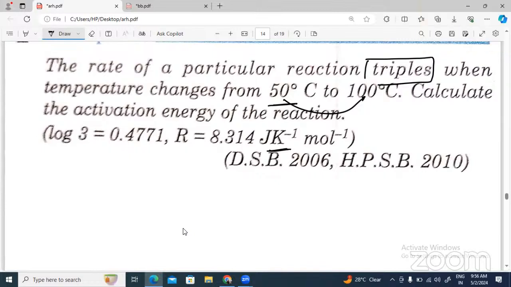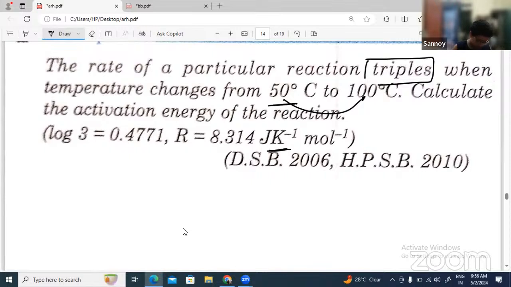50 degrees centigrade means 50 plus 273 Kelvin. Okay, 273 Kelvin.